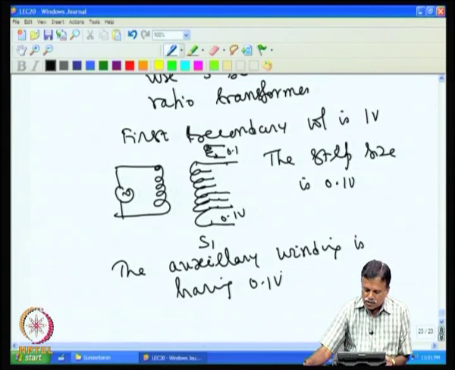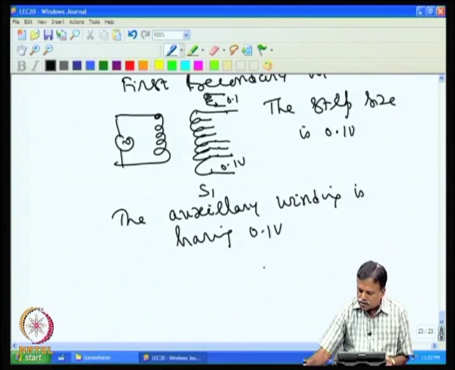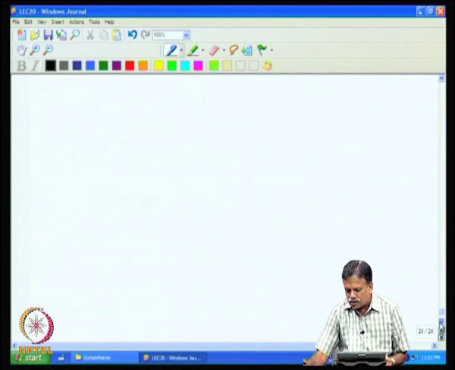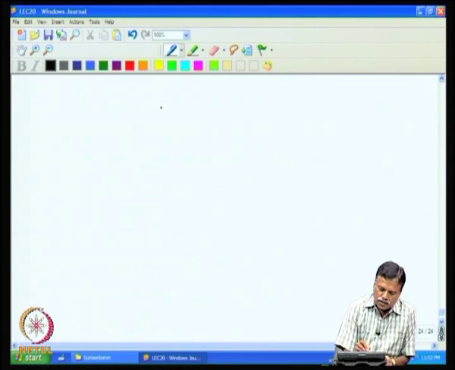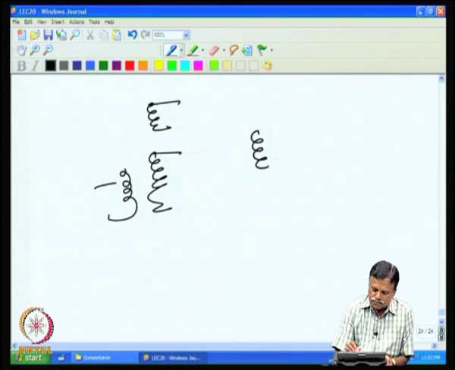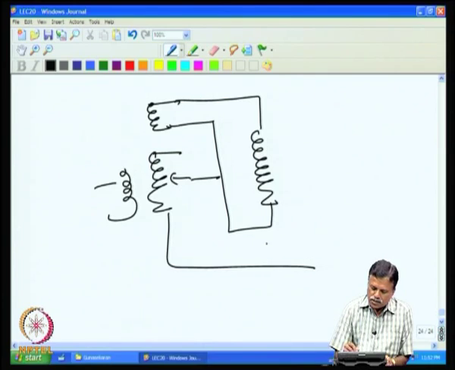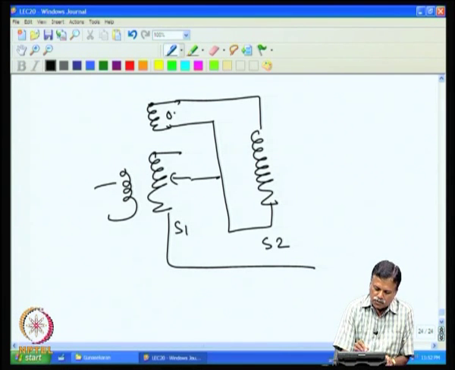This 0.1 volt energizes the second winding. So, this 0.1 volt is what we have from the first coil. The first coil is here and the primary is here. This energizes the second coil. So, this is S2, this is S1, and this is 0.1 volt.